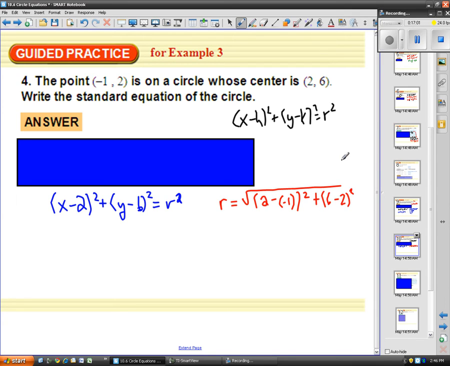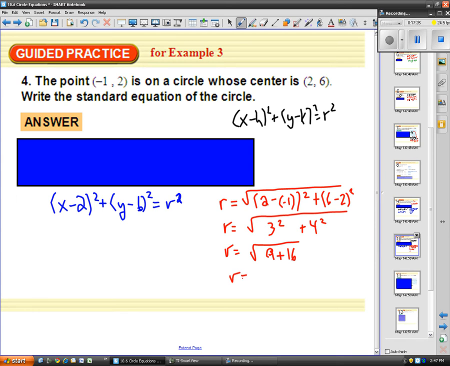Well, what happens when I subtract a -1? That's really adding, so I really have 3 squared, and 6 minus 2 is 4 squared. So underneath my square root, it looks like I get 9 plus 16. And so that means the square root is 25, so r is now 5.